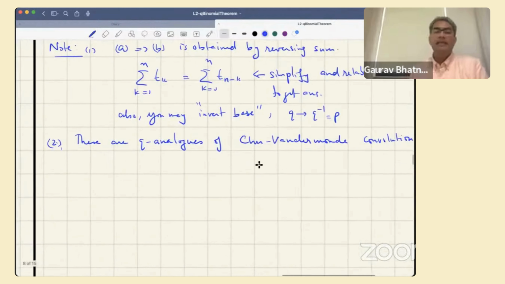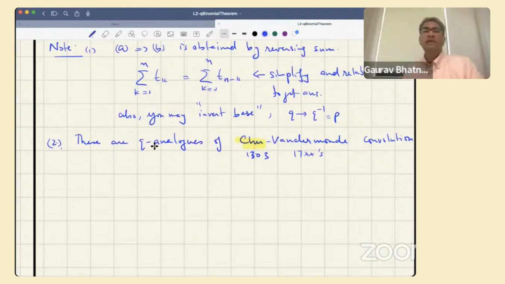And this Vandermonde, this guy was 1303, a very old person. So this is 1303, and this is some 1700s. Vandermonde discovered this identity. I'll tell you the identity because you've seen this. So this identity follows from this kind of technique.